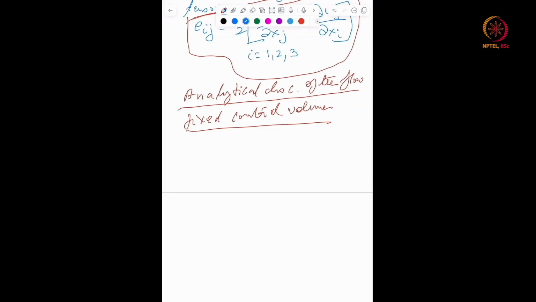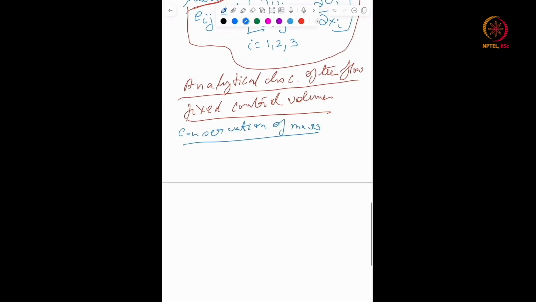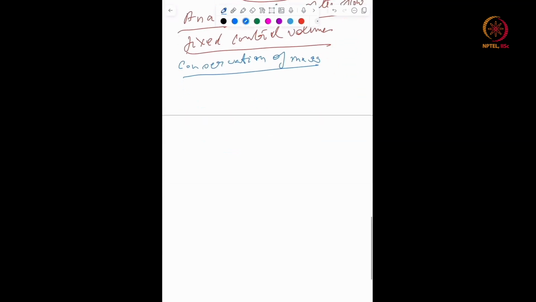For example, the concept or the continuity equation, as we call it, is d by dt of the integral of rho dV over V, plus the integral over the area of rho v dot dA, equal to 0. This is the continuity equation.